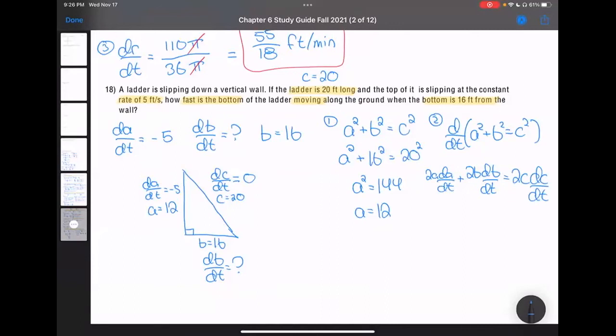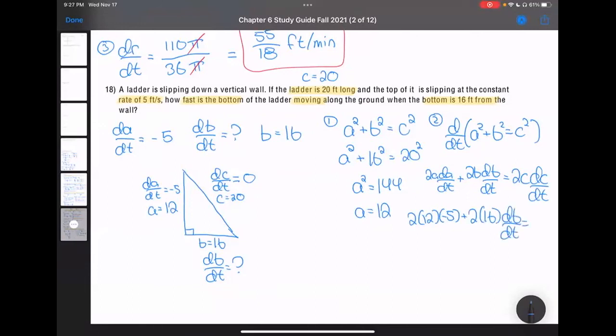Okay, now let's plug in values. So we know what A is now. A is 12. 2 times 12 dA dt. We actually know what dA dt is. It's -5 plus 2 times B, which is 16. dB dt is what we're looking for.